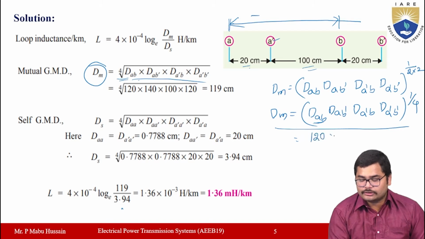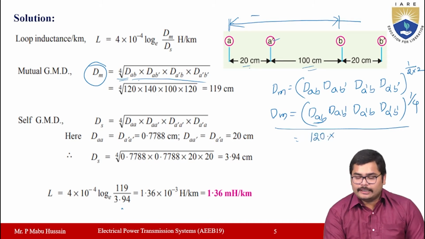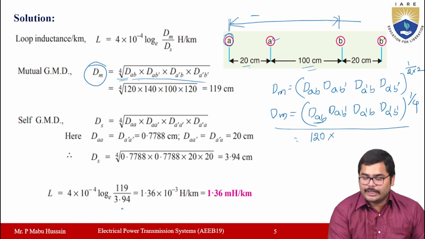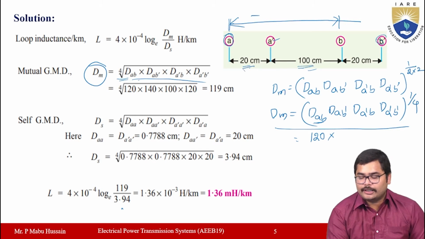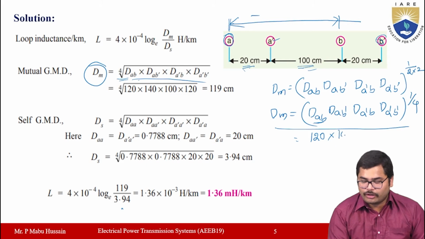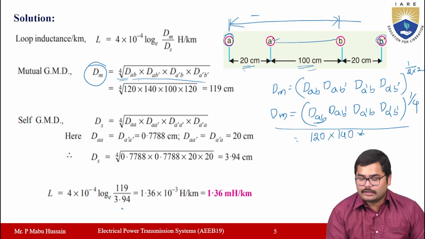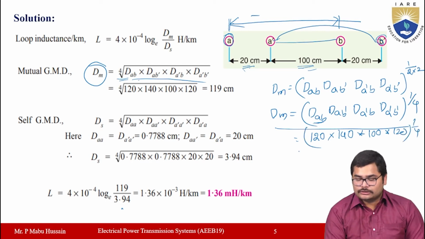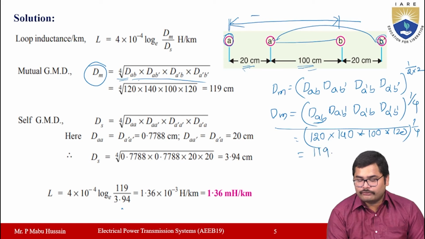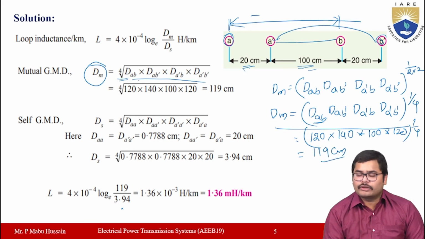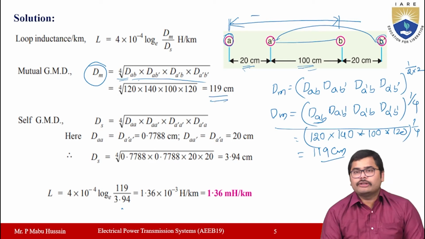Multiplied by DAB dash, the A to B dash distance, is 20 plus 100 plus 20, so this will be 140. Multiplied by DA dash B, this value is 100, multiplied by DA dash B dash, which will be 120, whole to the power of 1 by 4. Okay, so if you calculate this value, you will get 119 centimeters. So you are getting mutual GMD equal to 119 centimeters.